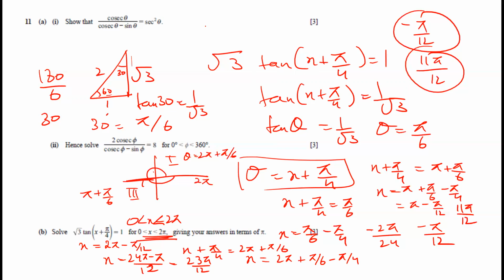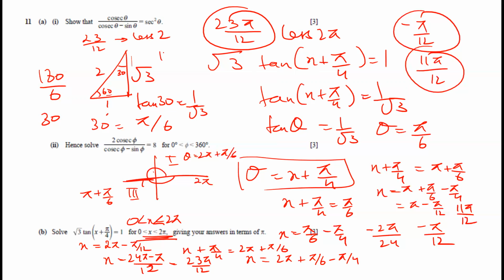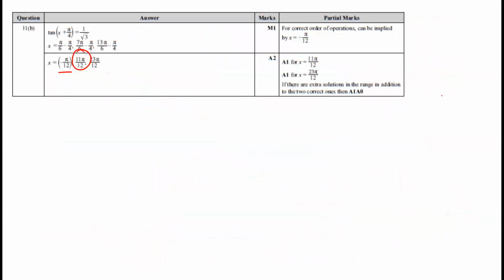Now 23 pi by 12 would be less than 2 pi, because 12 twos are 24, so 23 divided by 12 would be less than 2. So the third x would be 23 pi by 12. Hence the correct answer.